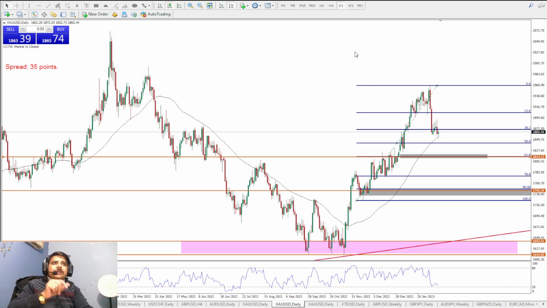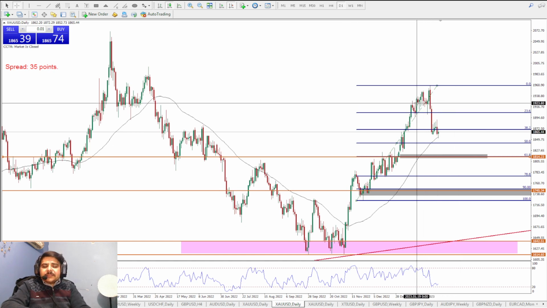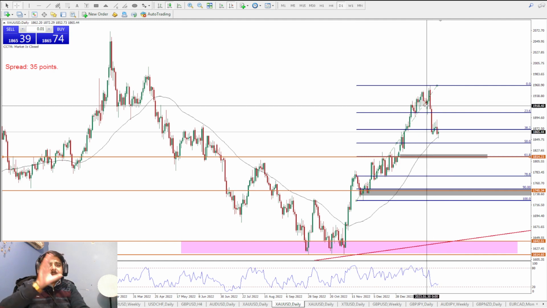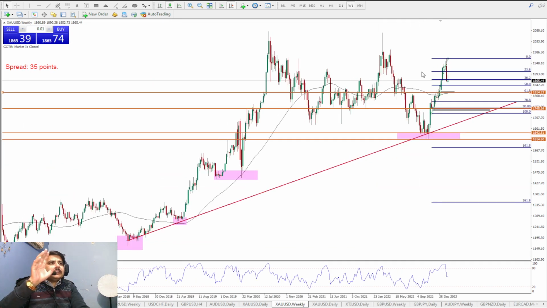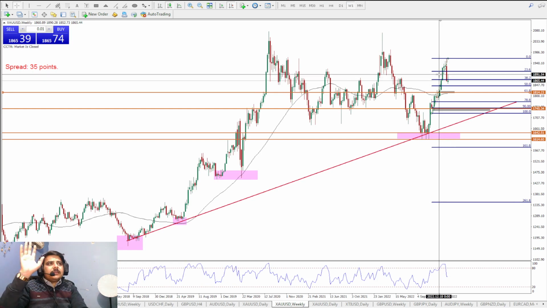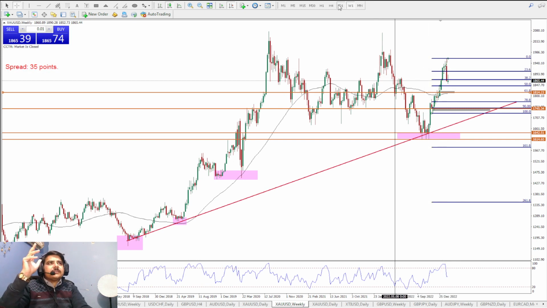Now, if you remember, from here I gave sell trades, and I have clearly told that if the market closes below 1890, it will be bearish, and the weekly did the same. A close below 1890, the close below the low of these two candles.